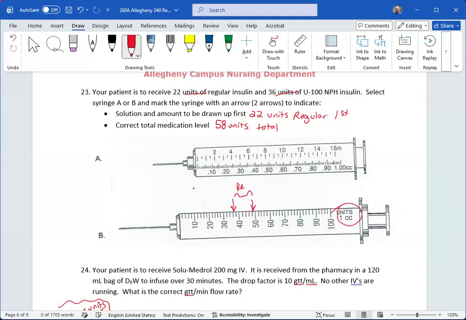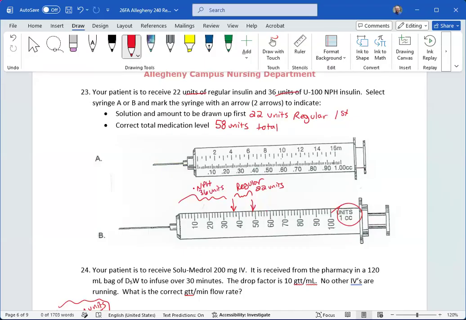So regular is in this 22 units section right here. It's not really, but that's how the textbooks illustrate that. And then your NPH is basically all through here. This is your NPH, 36 units in this area.